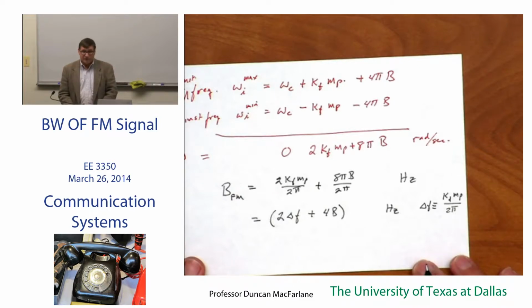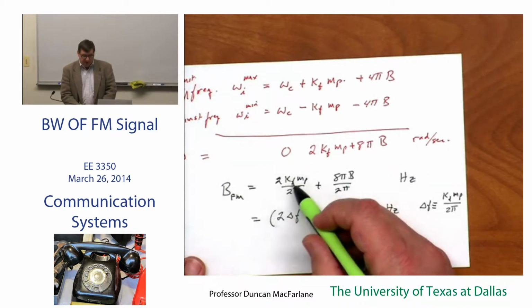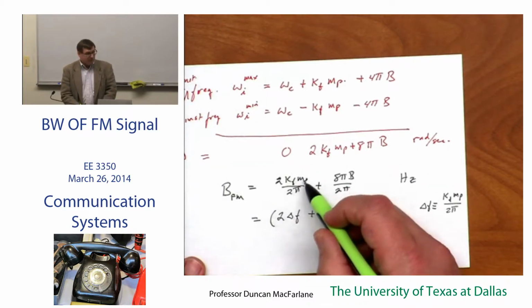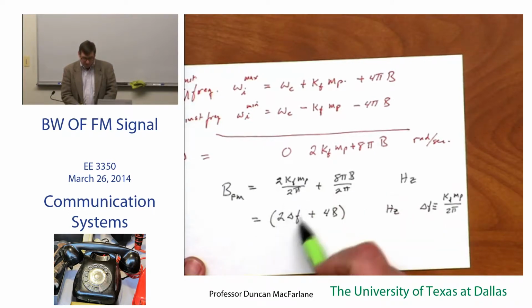That's the bandwidth of the instantaneous frequency around the carrier due to the message signal amplitude m sub p, and due to my scaling factor k sub f. So whatever I choose kf is, whatever mp is, I multiply them together, and that's the spread of the peak of the sinc functions as they wiggle around.